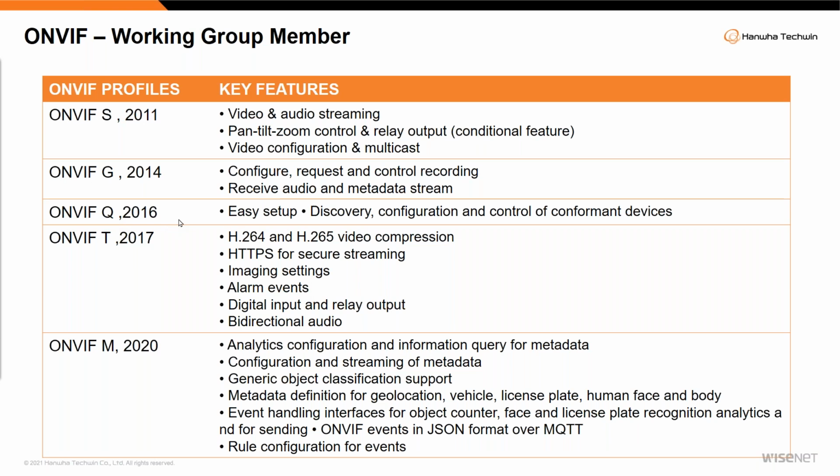So if I'm trying to discover the camera and I don't know the password, the VMS will not be able to discover it, or it cannot add it. So to make that process simpler, ONVIF Q was released.